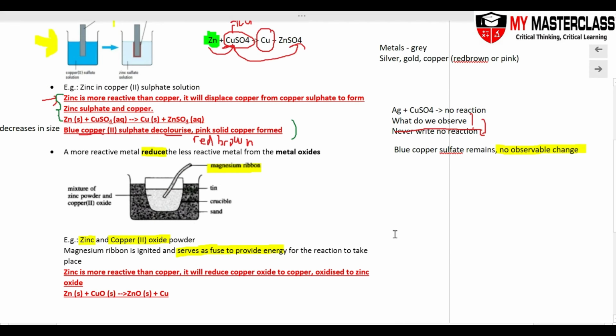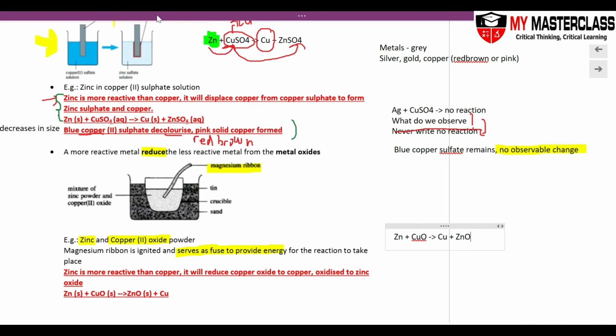Same thing, zinc plus CuO. Zinc is more reactive than copper. Zinc can reduce copper oxide to form copper plus zinc oxide, so I will get Cu plus ZnO.